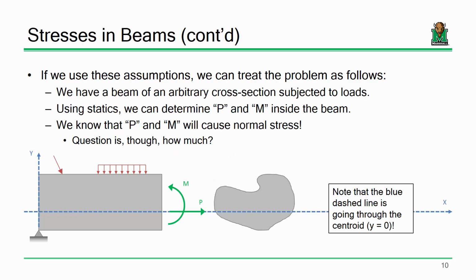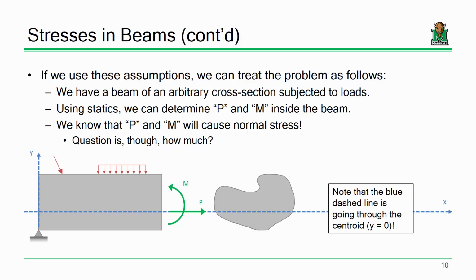All right. Now, if we use these basic assumptions, we look at some random beam. It's got some random arbitrary cross-section. You know, normally for us, we would think of this as an I-beam, but it can be any shape. It really doesn't matter. Okay. Using statics, we can determine the P and M inside the beam. We know those are going to generate normal stresses. So what's that going to look like?